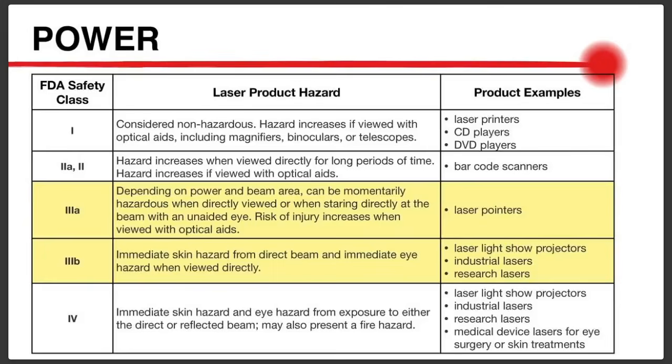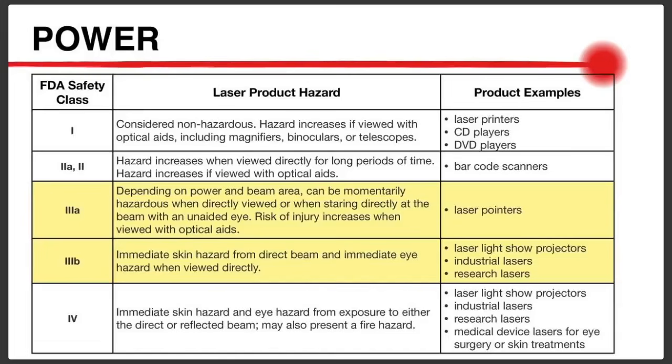Glasses are not required. Your blink reflex is fast enough to protect you from 3A lasers as long as you're not intentionally staring at them. But if you accidentally get flashed across the eye, you're not depositing enough power fast enough to do damage. It's only if it's prolonged viewing. That's 3A. And I like 3A because of that. It's got a higher safety factor.